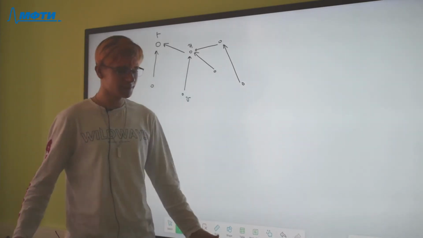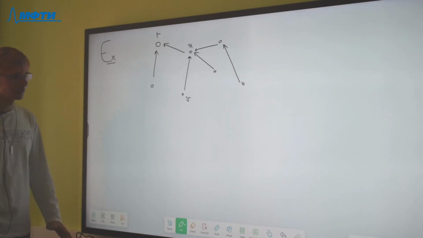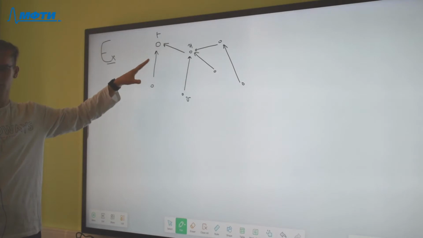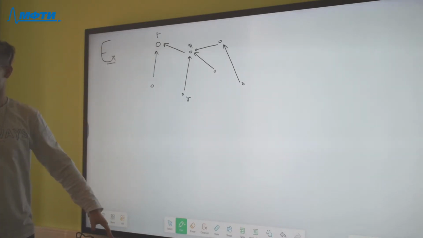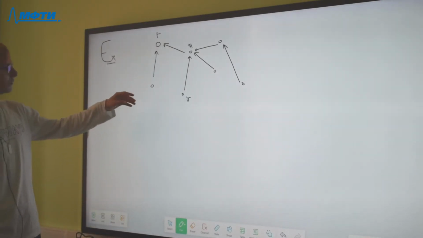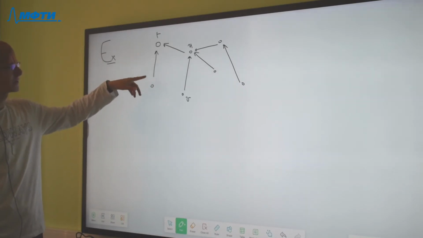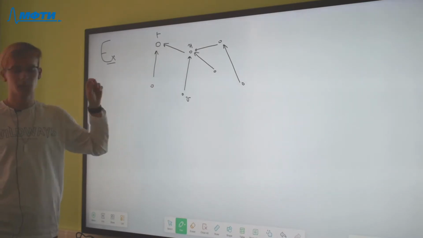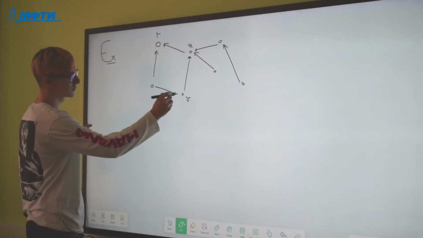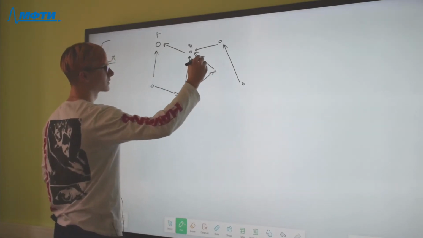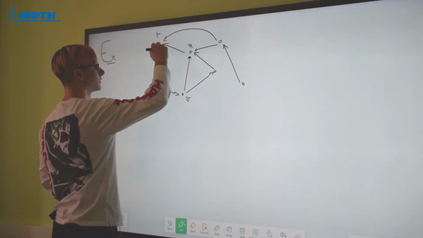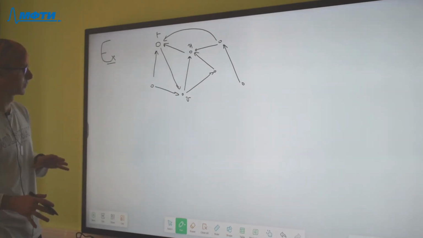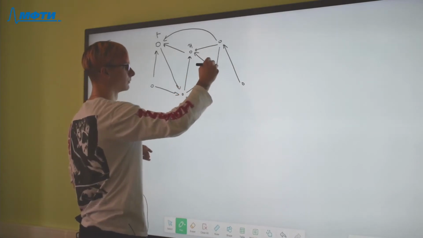Or we can, for example, say that, okay, we can forget that each edge has a direction and find a minimal spanning tree in the graph that we get if we forget the direction of the edges. Or for example, if we have some edges like this, we can have some strongly connected component bigger than one vertex.